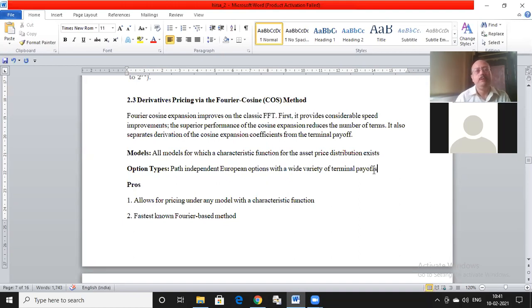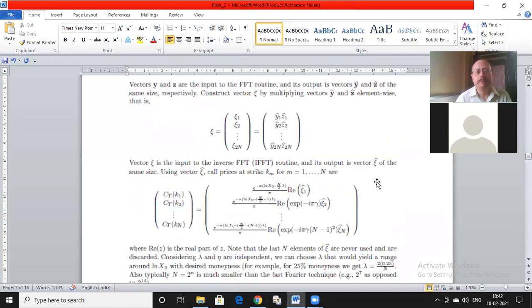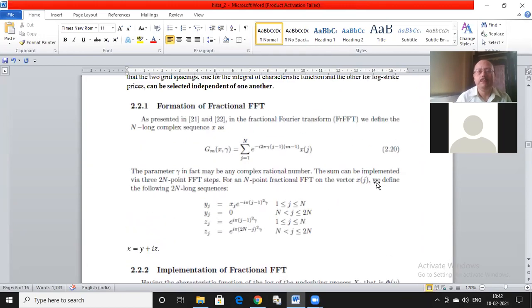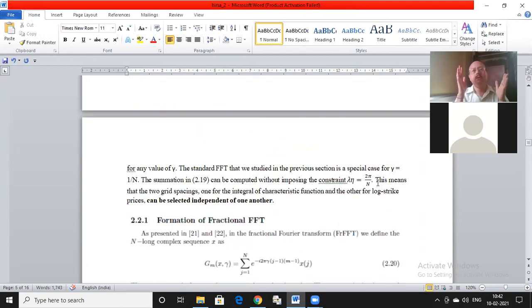In the classic Fourier transform methods, fast or fractional, we used to work with a range of strike prices, so a range of terminal payoffs, and we wanted to compute them in one go, because the computation of the last term and the series expansion terms were connected. You cannot really separate them.